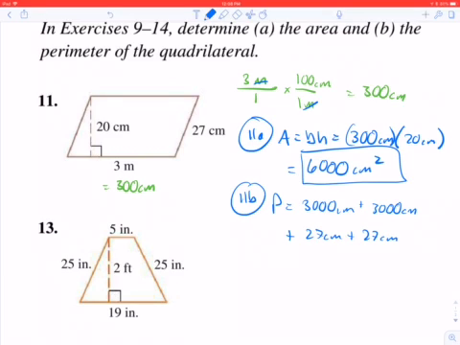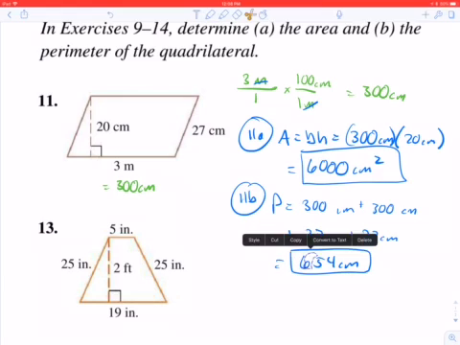That's going to be 654 centimeters. So we're going to get rid of this and put this in the proper place. 654, I think it's correct. Okay, so that's number 11.